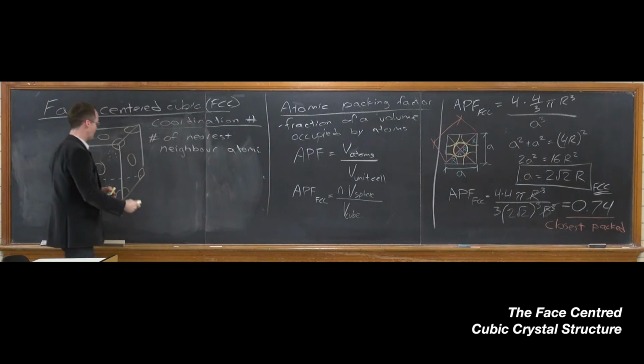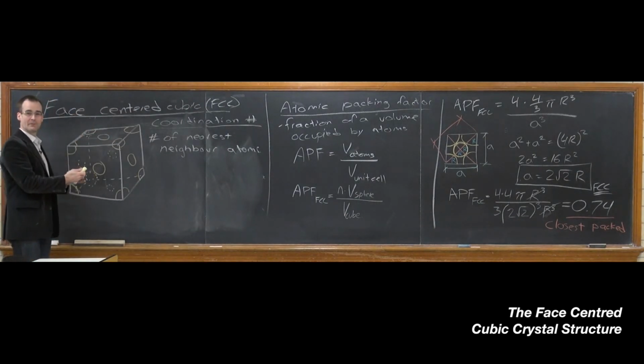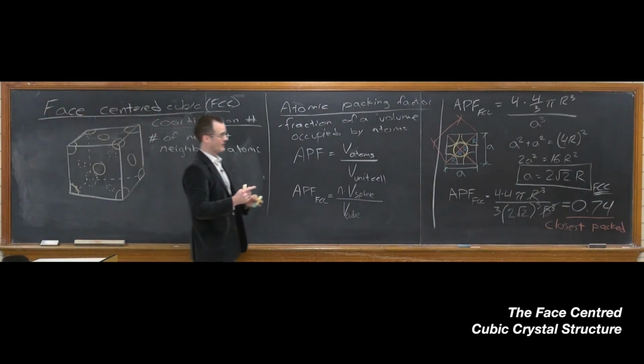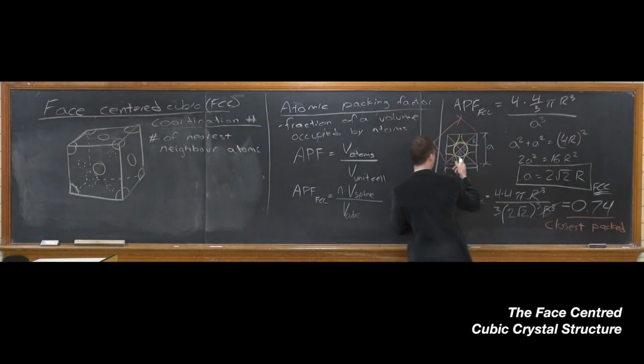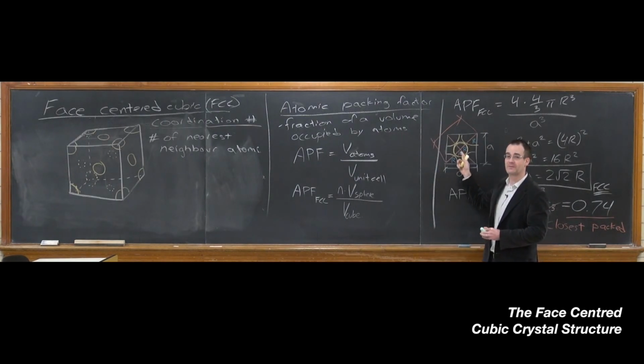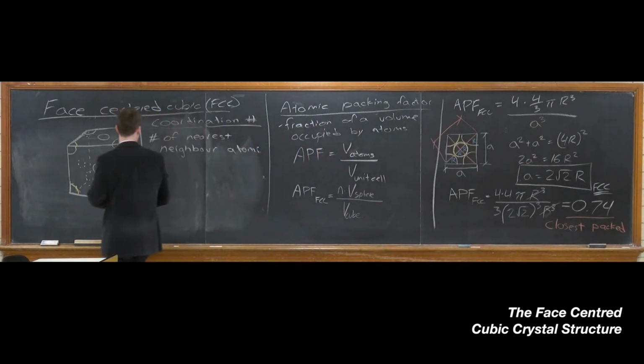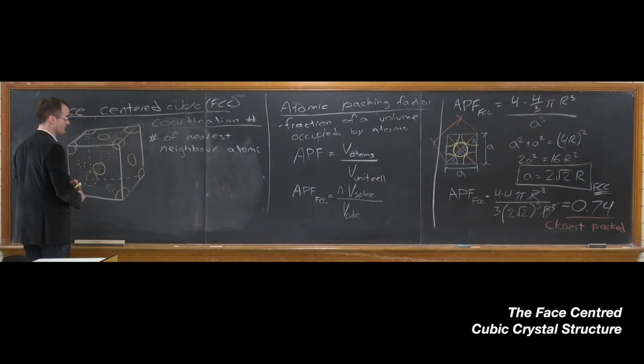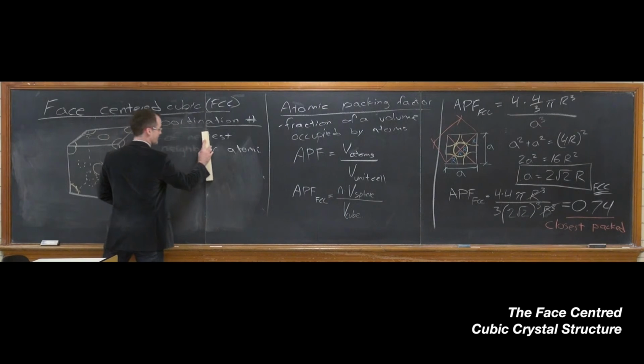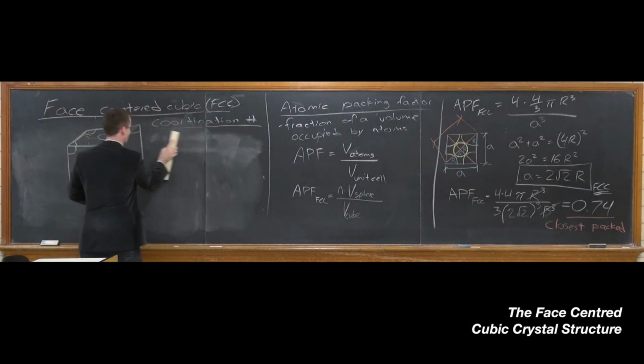And so for metals, we could just pick any one of these atoms and count the number of atoms that's touching that particular atom. So for example, in 2 dimensions, the coordination number would be 4, because this face-centered atom is touching 1, 2, 3, 4 other atoms. But of course, we're in 3 dimensions, so it's going to be a little bit more complicated than that. I'm just going to erase that to give myself some room.